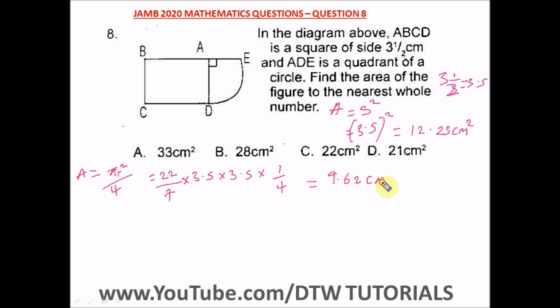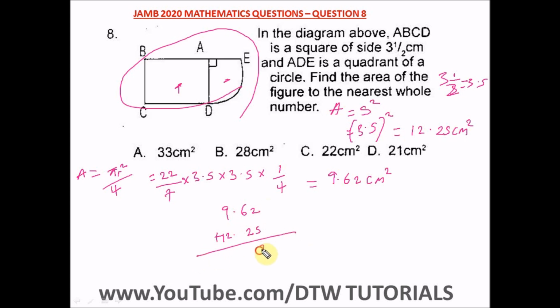If you do this calculation with your calculator, we'll be left with the area of the quadrant as 9.62 centimeters square. So for the area of this whole figure, you have to add the area of the square plus the area of the quadrant, which is 9.62 plus 12.25. So we have 21.87 centimeters square.